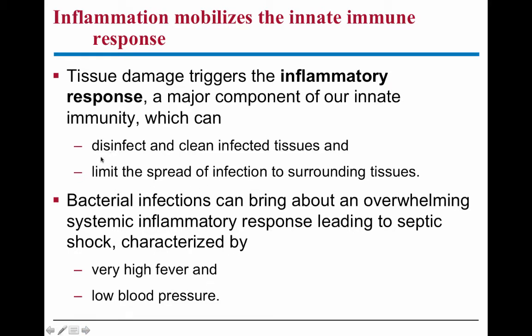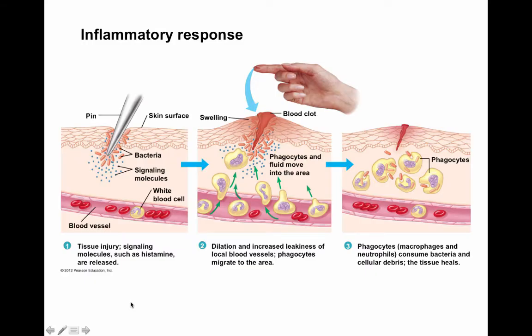It's very useful, but if the inflammatory response is too strong, due to, say, an overwhelming bacterial infection, which stimulates an overwhelming amount of histamine release and a large inflammatory response, this can lead to shock, which results in really high fever, and the blood pressure drops and can result in organ failure and death.